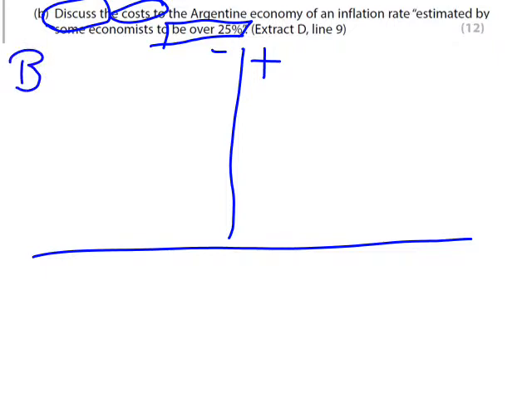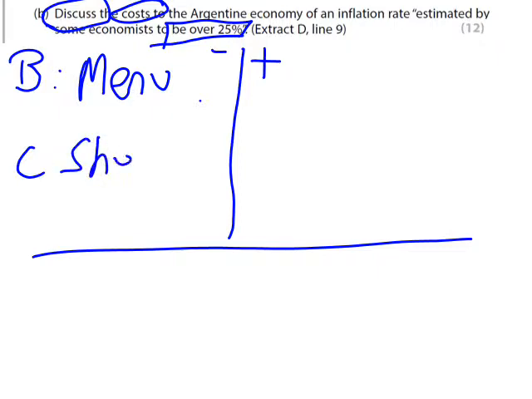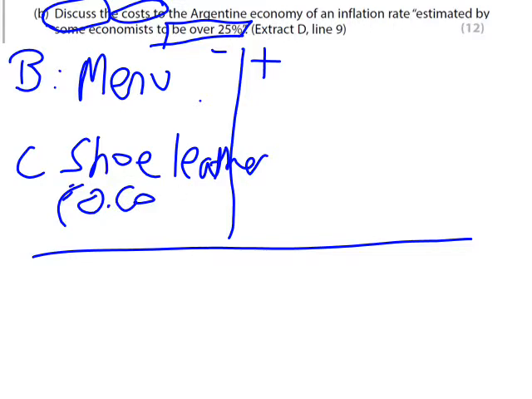You have negatives to businesses and consumers. The key terms you're looking at for businesses are things like menu costs, so the costs of constantly changing prices. You have the cost to the consumer of shoe leather costs, which comes under an opportunity cost of people's time.